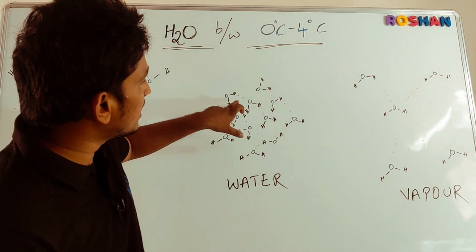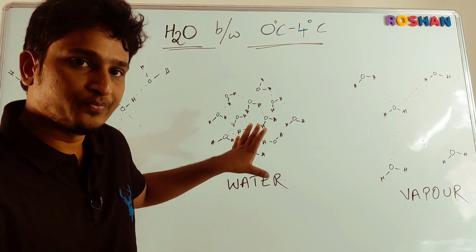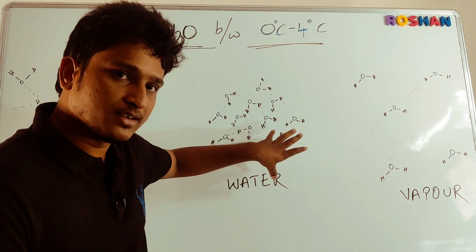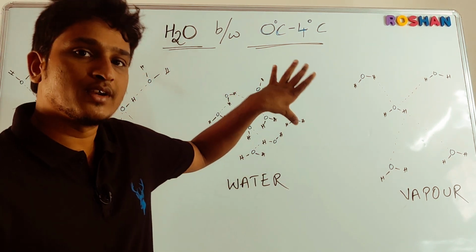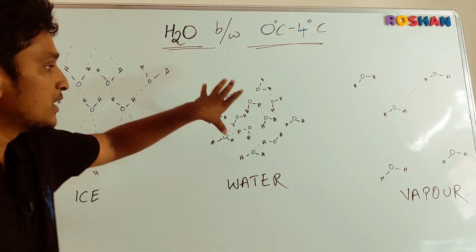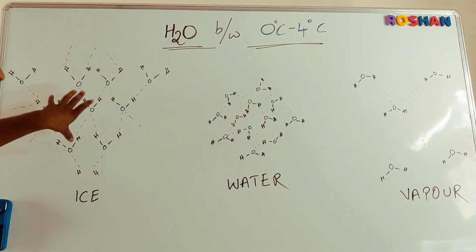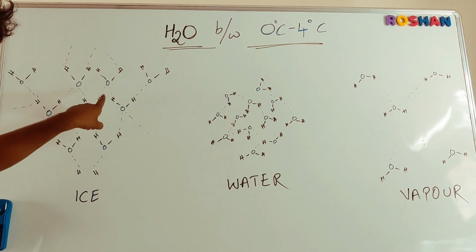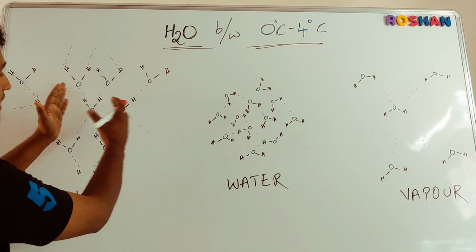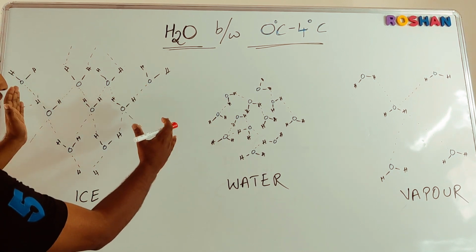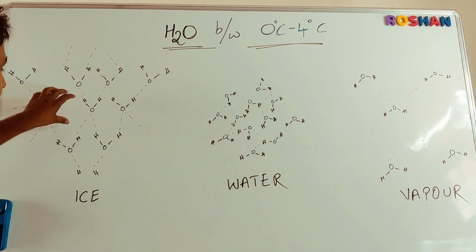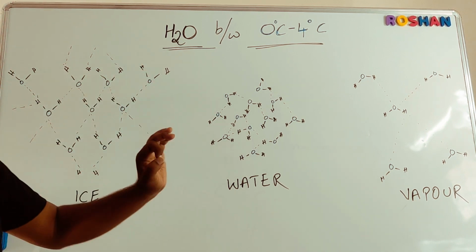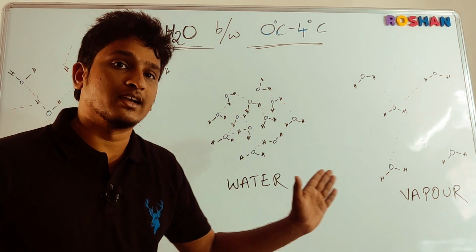But here, look, are there any big empty spaces? No. Why? There is hydrogen bonding here, but there is still some energy here. There is no perfect alignment of H2O molecules here. But when you reduce the temperature, now there is the least energy, and hydrogen bonding creates a perfect structural arrangement of H2O molecules in the ice. So these spaces are the reason why the density is getting decreased.